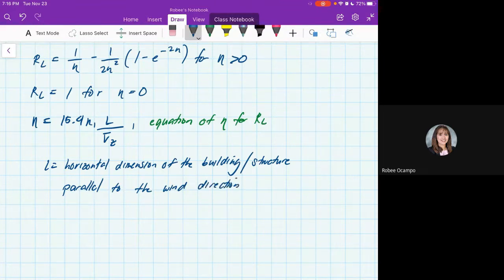Okay, so para dun sa ating building frame structure, no, yung L natin would be 2 meters.